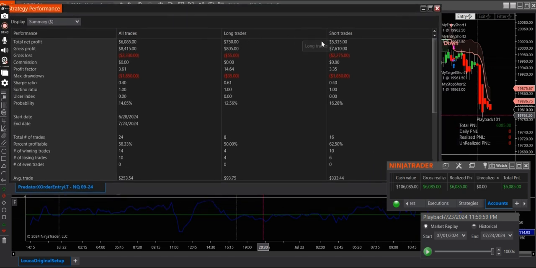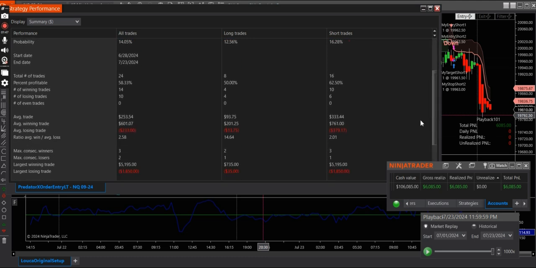So these are the long trades, and these are the short trades. You can look at the analysis here. Average winning trade is 601 for all trades, and losing trades 201. You can see in the month of May the trend was down pretty much, and max consecutive winners 3 and 2, so it's kind of back and forth here.